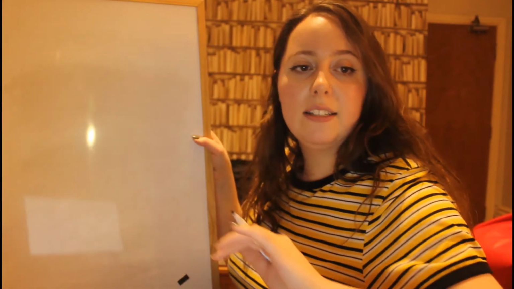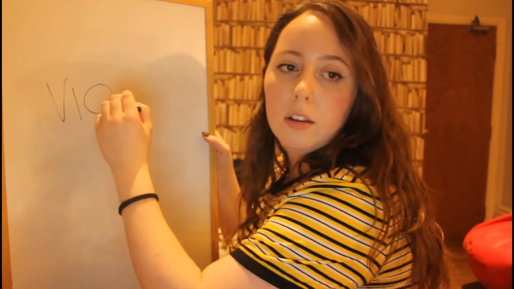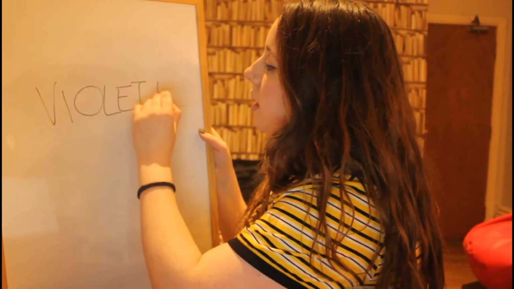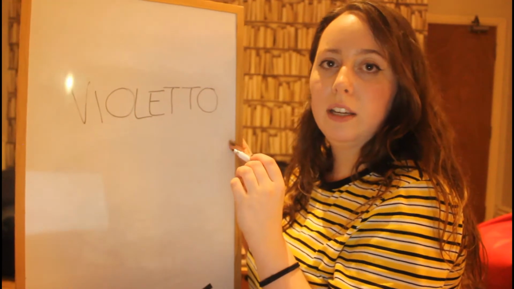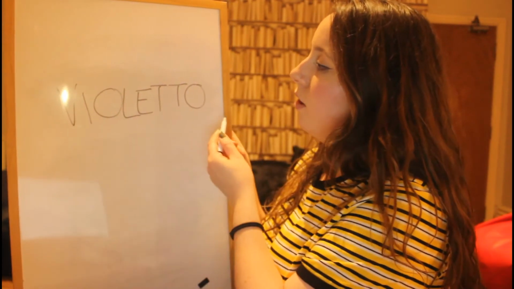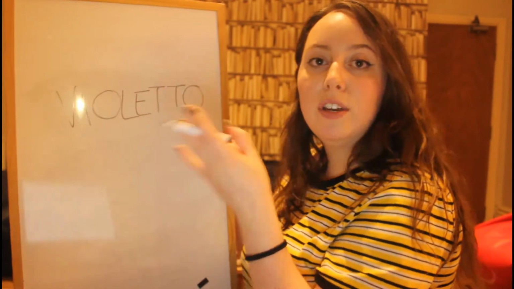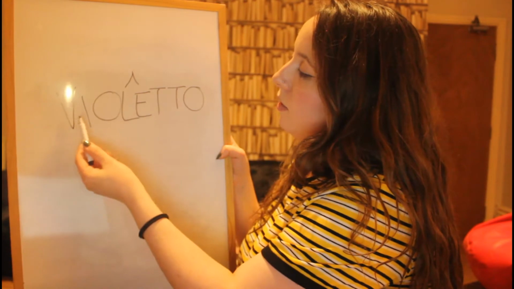Okay. So our final colour is a pretty one. Also a cognate, very similar to the English. Easy to guess, you've probably already got it. Violetto, which is violet. So you can hear in the way that I say it, this is where the emphasis lies.